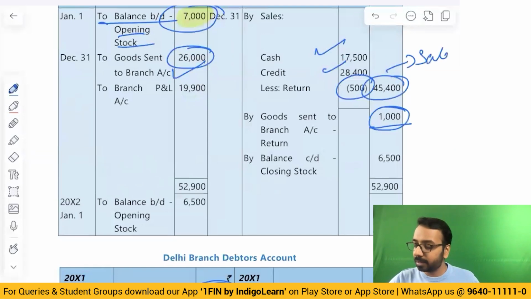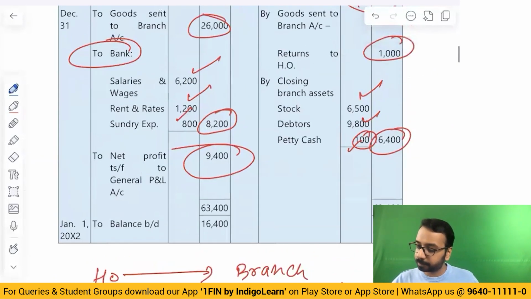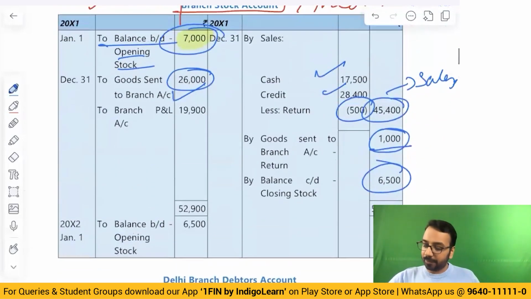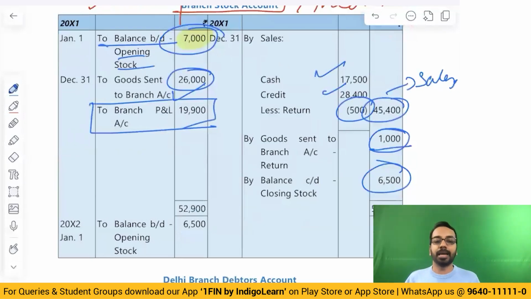So this is like my sales, and closing stock 6,500. After I do all of that, I will transfer this amount to the branch P&L account. Which account? To branch P&L account. Okay, 19,900. Treat this as your trading account or trading P&L.